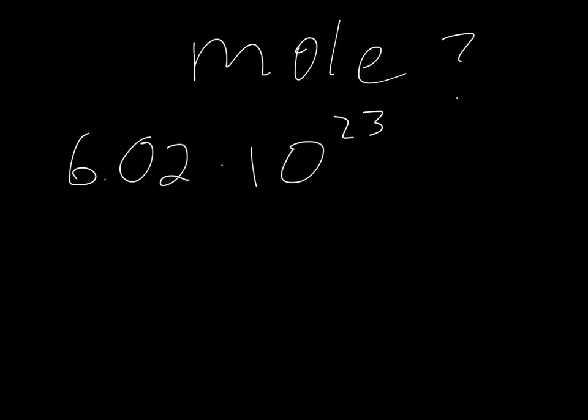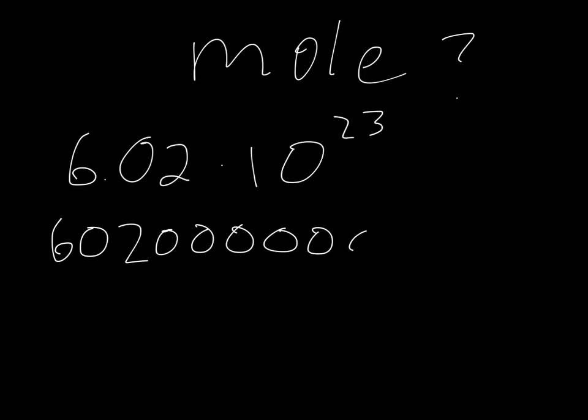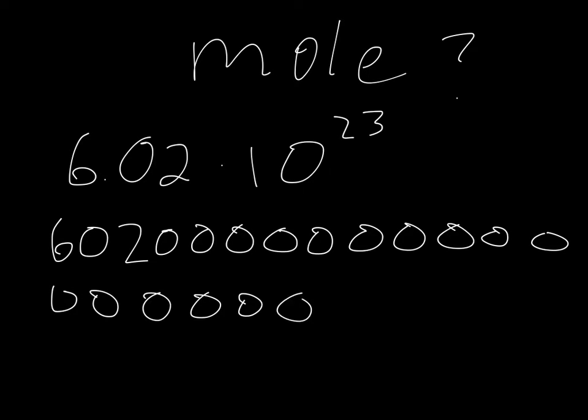To get an idea of what this number actually looks like in sort of ordinary digits, give me a second. So let's see, 3, 6, 9, 12, 15, 18, 21, 22, 23.